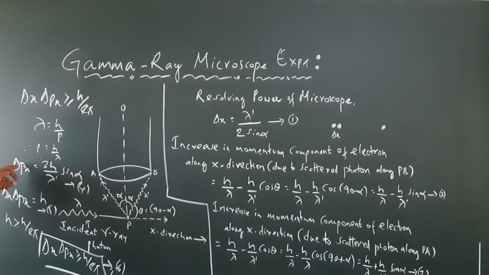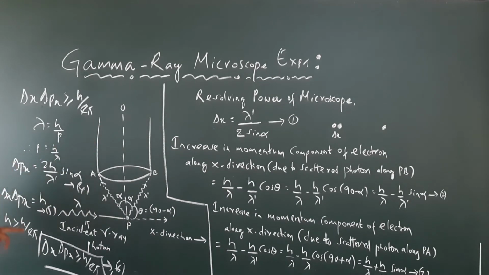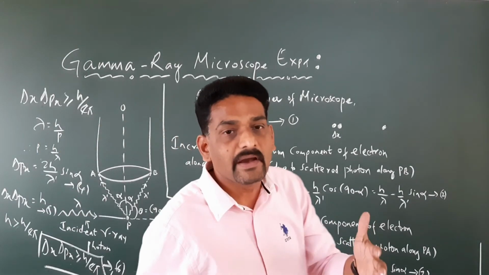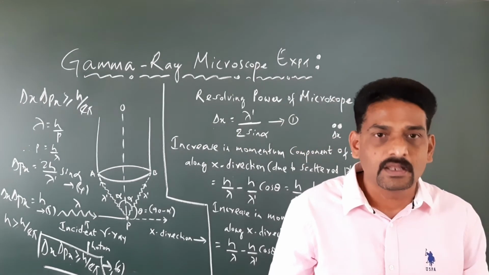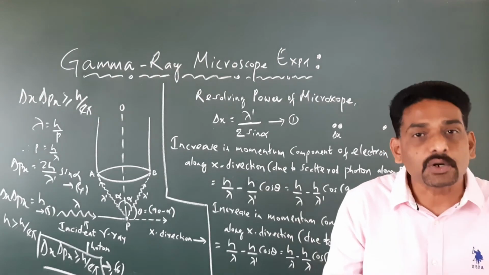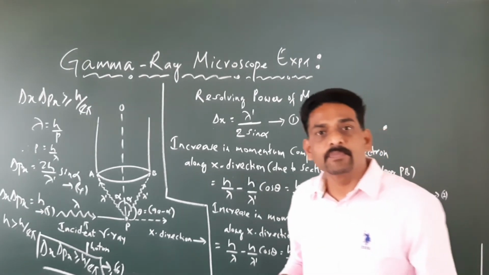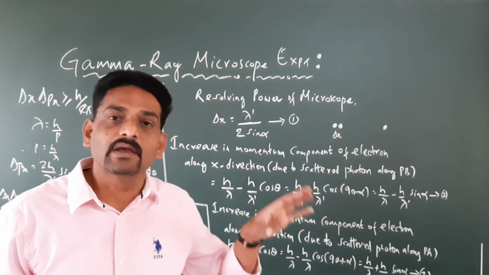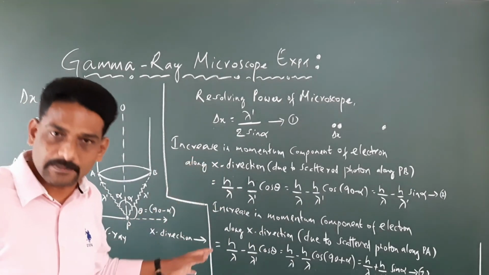By multiplying delta x and delta px, we came to the conclusion that delta x into delta px is greater than or equal to h divided by 4 pi, which is exactly the same as the Heisenberg's uncertainty principle. In other words, we derived the Heisenberg's uncertainty principle with the help of the gamma ray microscope experiment, which is a thought experiment. Therefore, we say the gamma ray microscope experiment is an experiment to illustrate the Heisenberg's uncertainty principle.